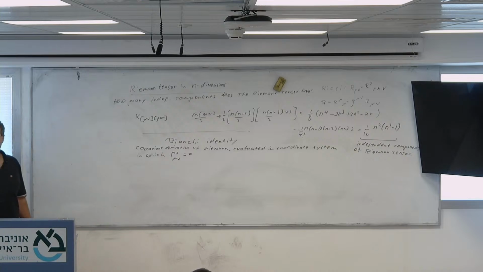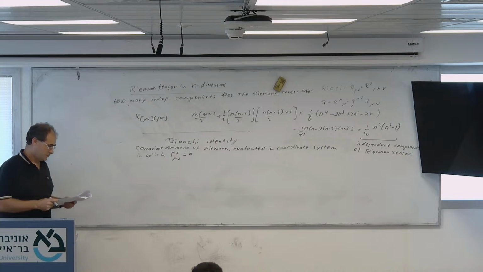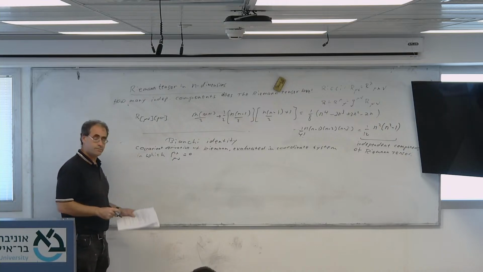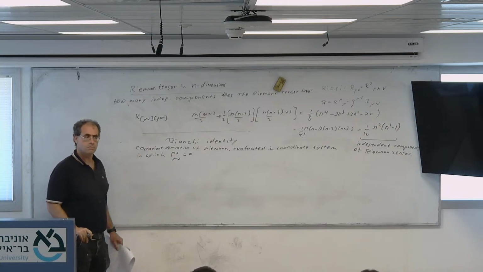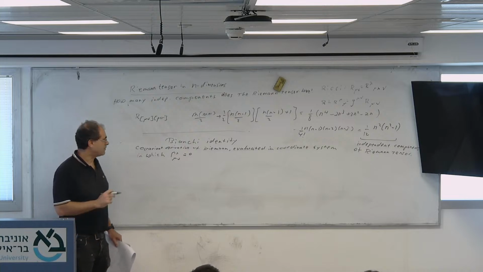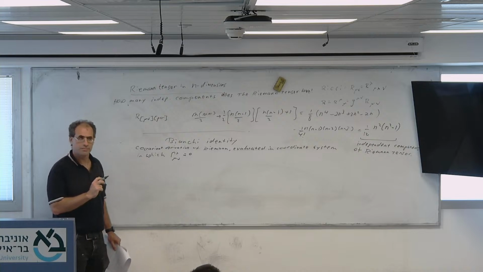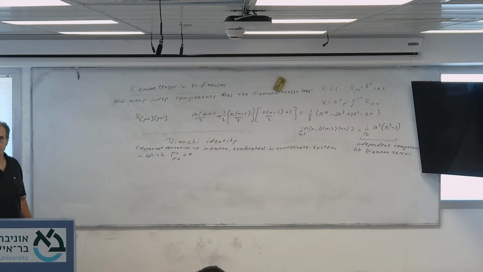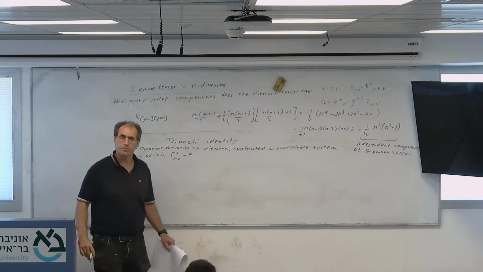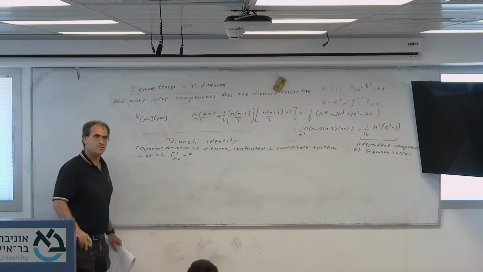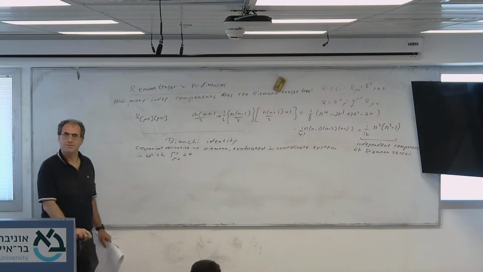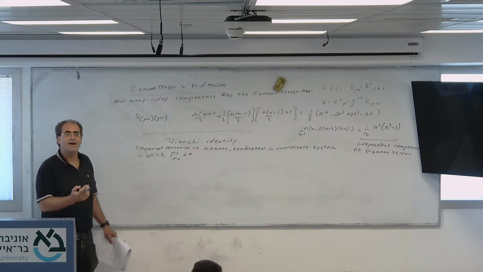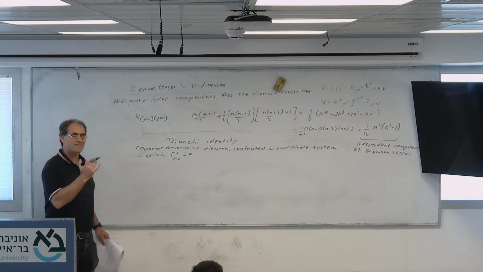Why not? You can't always choose a coordinate system for all tensor values to be zero. Specific coordinate system where this gamma vanishes, not its derivative. That I can, at a certain point, yes. Why? Because it's going to be easier for me to derive the equation.